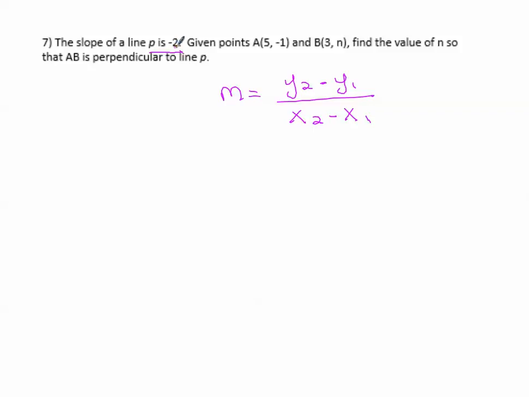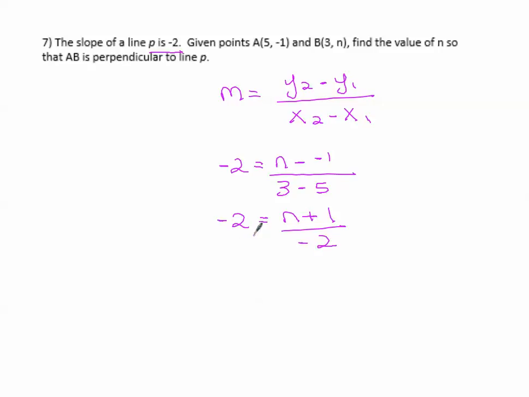So the slope is -2. y2 is going to be this second y, so n minus -1, x2 minus x1. Okay, I'm going to go ahead and just simplify where I can. This is n plus 1, and 3 minus 5 is -2.